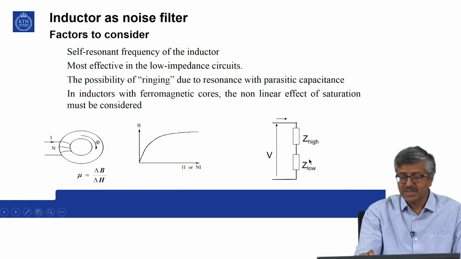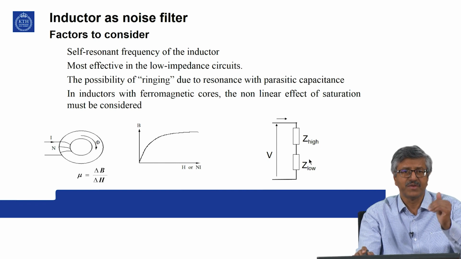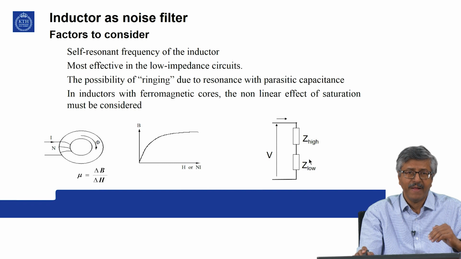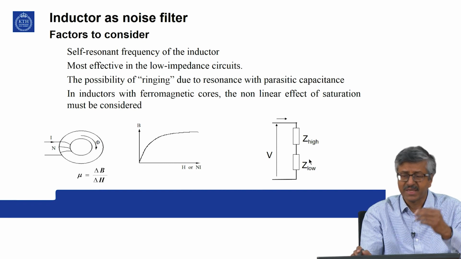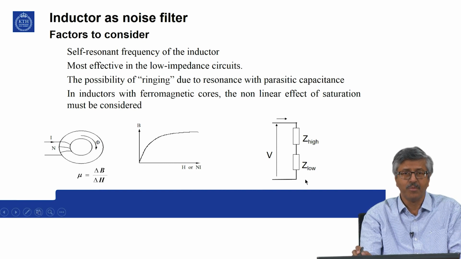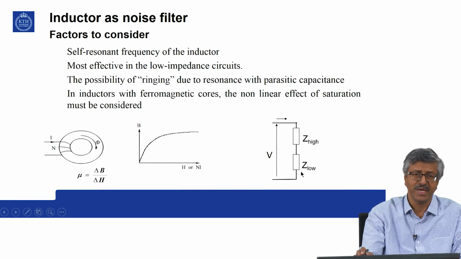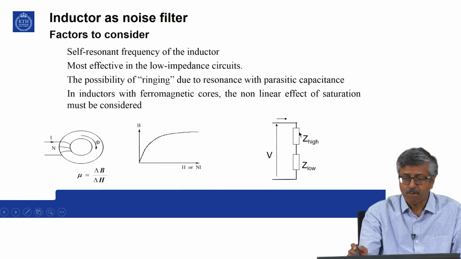As the frequency is increasing, inductor impedance is also increasing, and it should be much higher than your normal impedance, and it is easy to be higher than the normal impedance of the circuit if your circuit already has a low impedance.